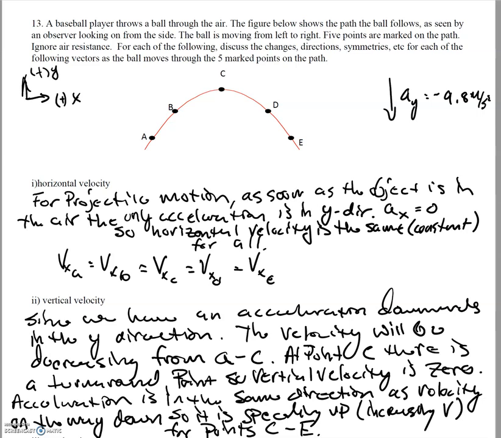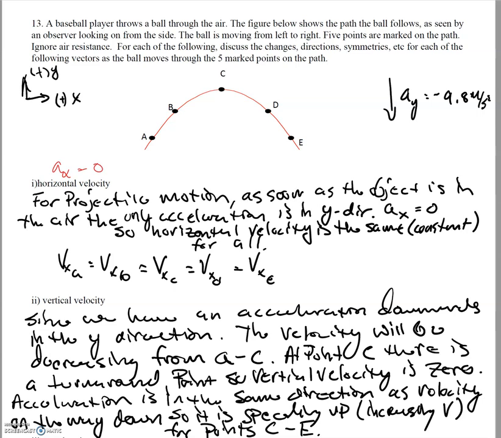So for horizontal velocity, we know that for a projectile, the only force acting is the force of gravity. That is only in the y direction. So nothing is happening in the x direction as soon as that projectile, that object, is in the air. So that means the acceleration in the x direction is 0. So a_x is equal to 0.